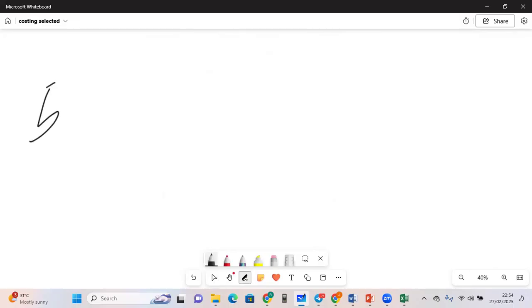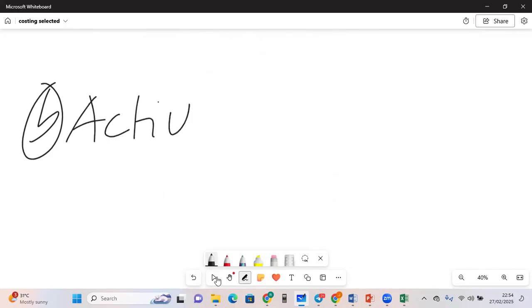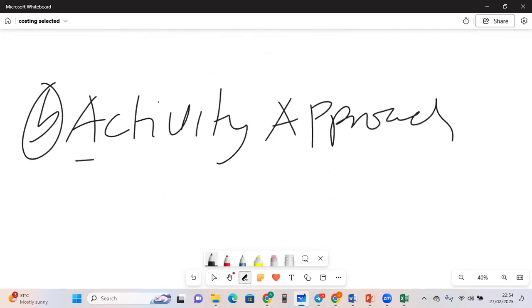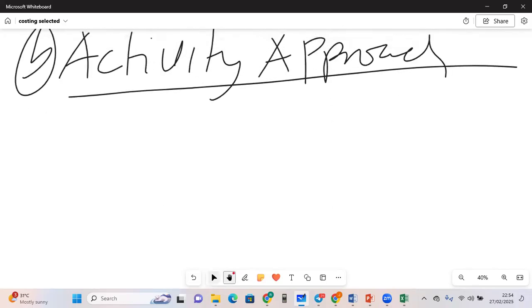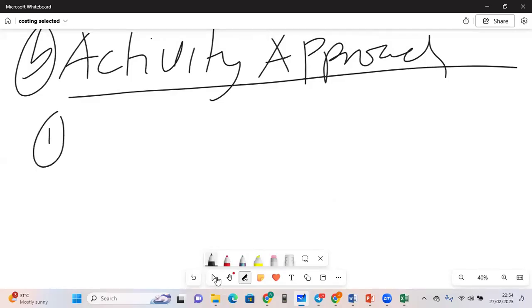So the ABC, activity approach. For the activity approach, we also have to compute the CDR rate, the cost driver rate. So CDR rate is the same as cost driver rate.